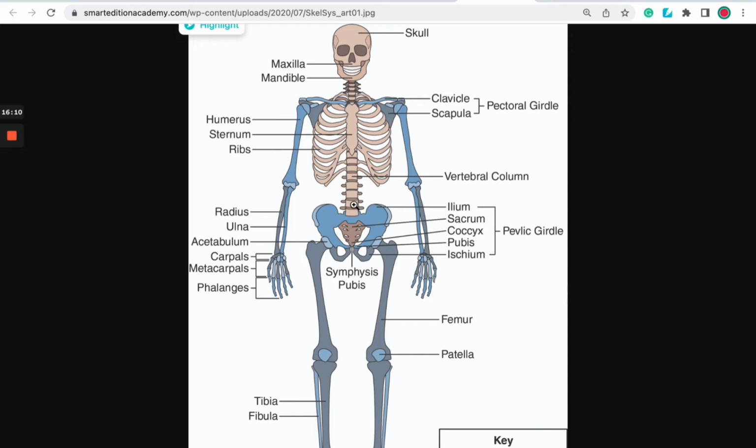The spinal cord is protected inside the vertebral column, and it runs through the center of the vertebral bodies, which are your individual bones here in your vertebral column. The appendicular skeleton is comprised of bones of your upper and your lower extremities, including your pelvis.